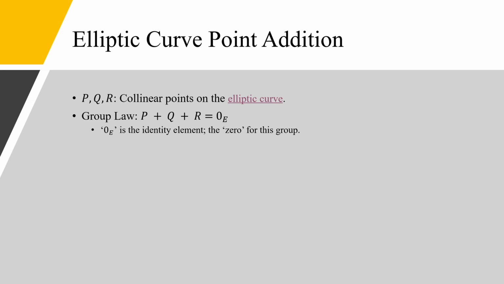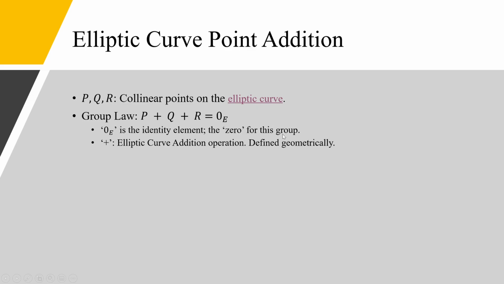For now, let's just think of 0e as some abstract identity element for this group, and plus is just the symbol that denotes the elliptic curve addition operation. In this case, when p, q, and r are elliptic points, plus does not stand for ordinary addition. It stands for some special operation that we'll define soon. But the identity element and the operation work together in this way: p plus q plus r equals 0e.